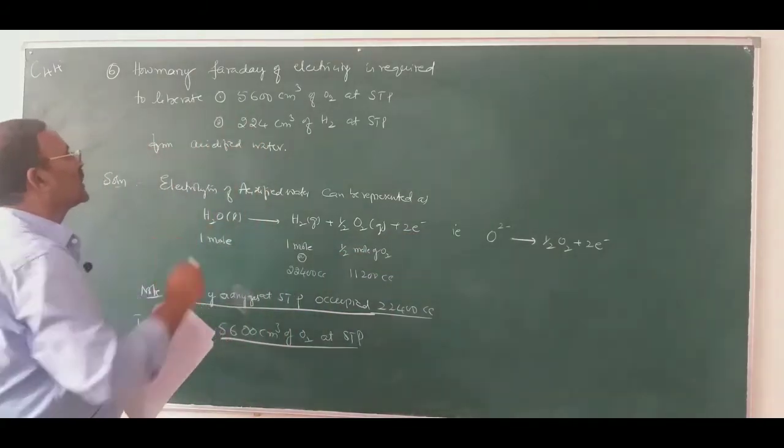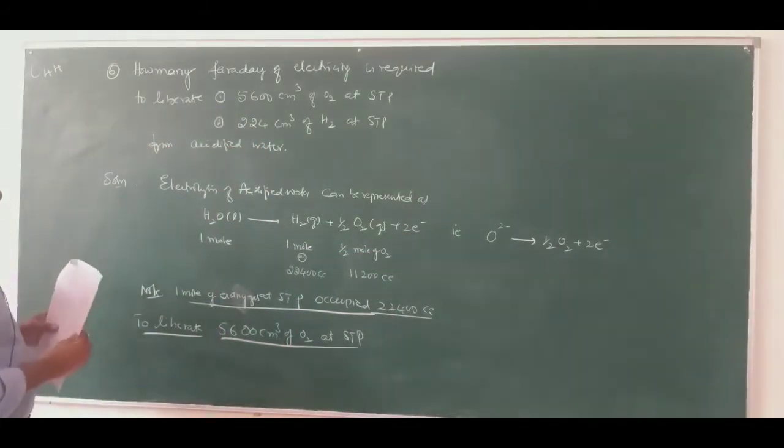Therefore, to liberate 5,600 cm cube of oxygen, what is the amount of current required?